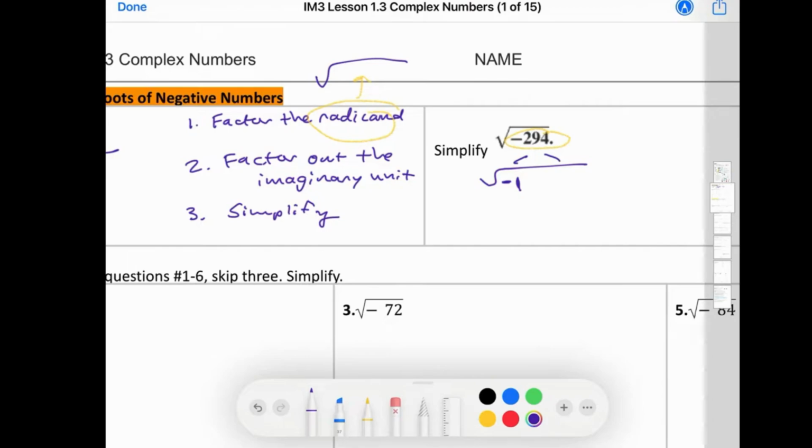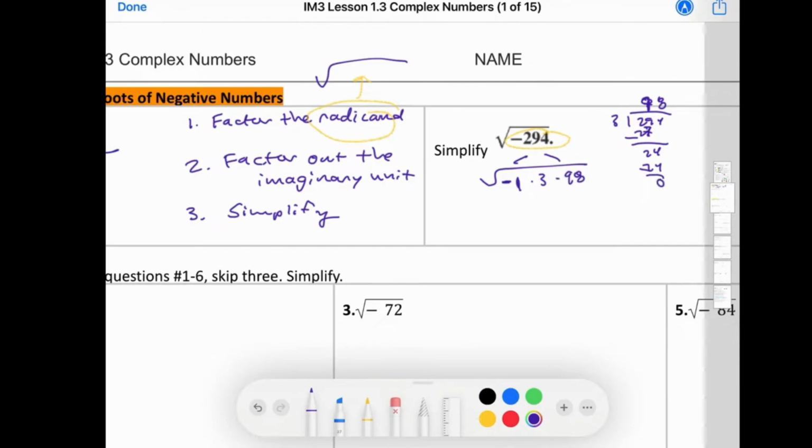You could try 2, 3. 3 works. 3 goes into 20, 7 times, 21. Maybe 8, 9, 9, that's what I wanted to write. 27, so that gives you 24, and 3 goes into 24, 98. So 3 times 98.